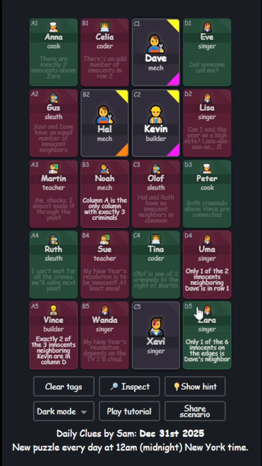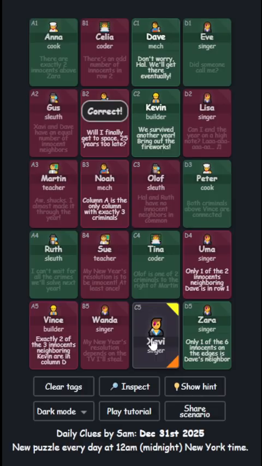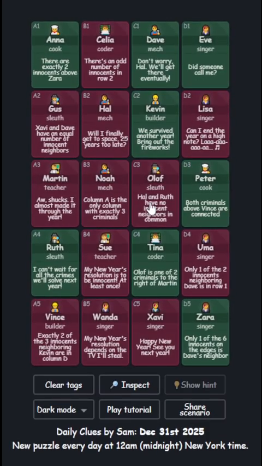So we have 1, 2, 3, 4, 5. So actually this has to be the opposite of Dave, which means it's the same as Hal. They can't both be criminals, because if they were both criminals, that would be 3 criminals in the column. So these have to be innocent, which means Hal is a criminal and Xavi's a criminal, and we are done.